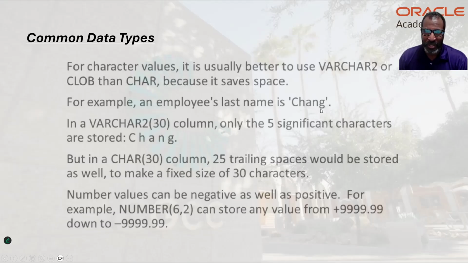So for character values, varchar2 is your default. And you can use char, but remember the difference between varchar and char. Char is not variable. It's essentially a fixed size, which can be problematic. So always use a varchar2.